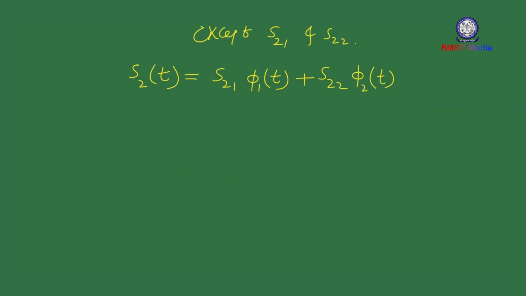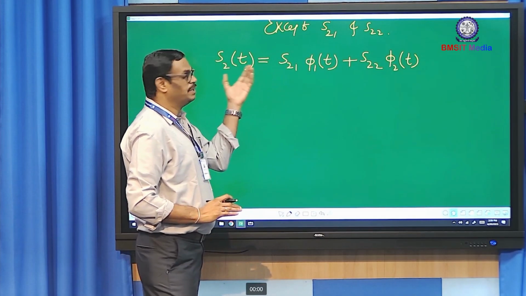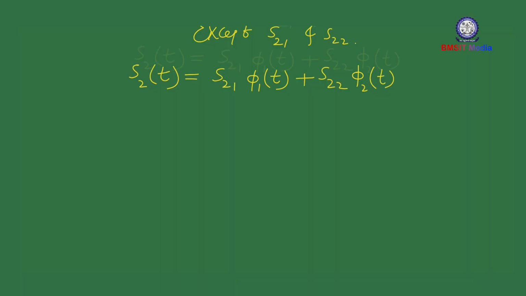So let me multiply the above equation by phi 1 of t on both the sides.